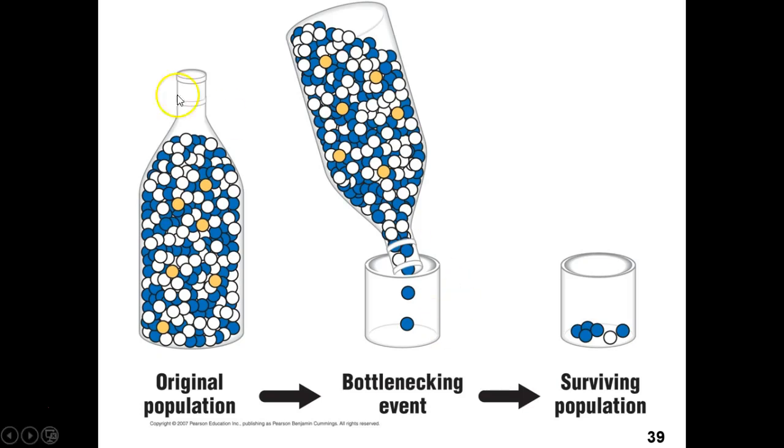So we have a population that has a lot of similar alleles, but there are some unique alleles within that population. In this case, the yellow marbles.